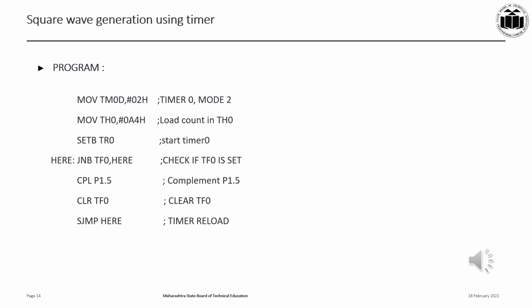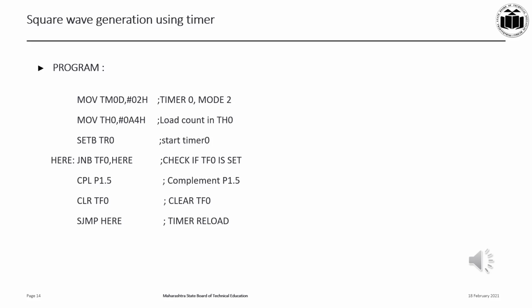The initial status of P1.5 was 1. Now after complementing it has become 0. So it has taken the time given by the timer program, which is 0.1 milliseconds. That means after 0.1 milliseconds, the pin status has become 0.